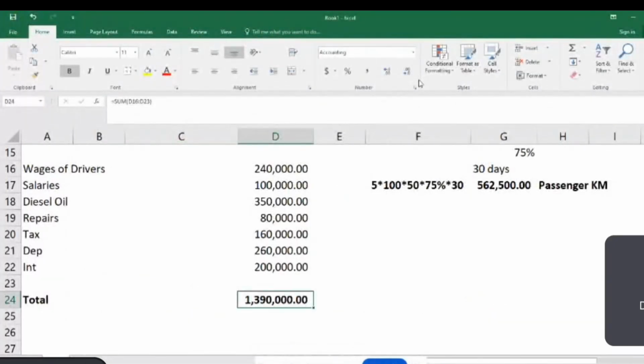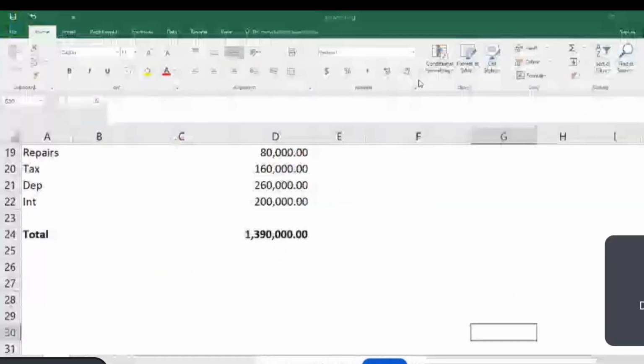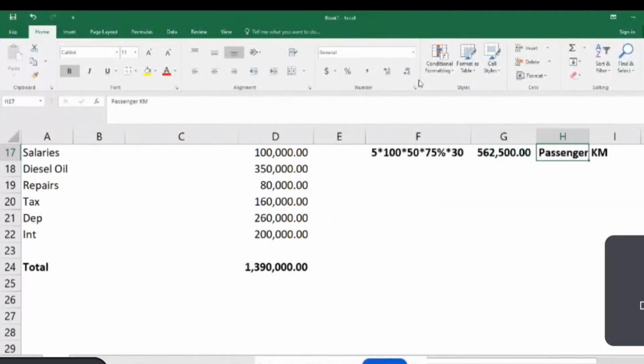Okay, so now you have the total of expenses. These expenses of 13,90,000 rupees you have incurred for traveling these many kilometers. So what will be your cost per passenger kilometer? This is your passenger kilometer, and this is your cost.